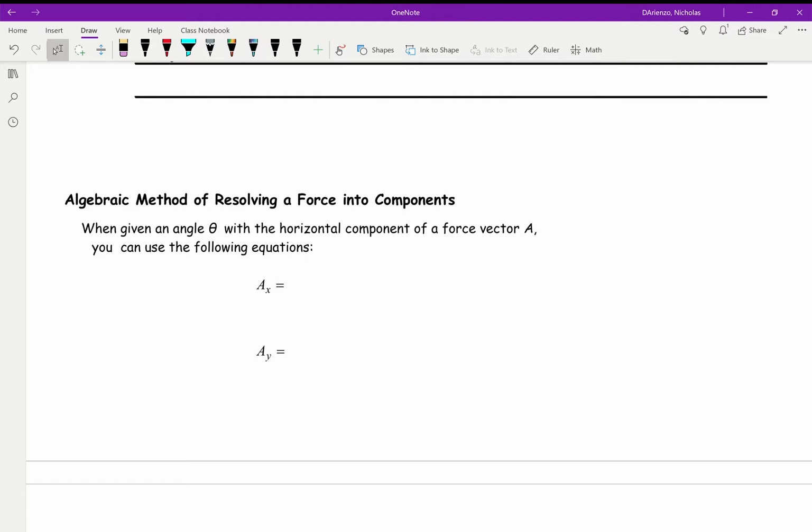If we're looking for the x component of vector A, we can use A cosine theta. If we're looking for the vertical or y component, we can use A sine theta, where A would be the magnitude of the vector, and theta being the angle with which vector A is being acted on.